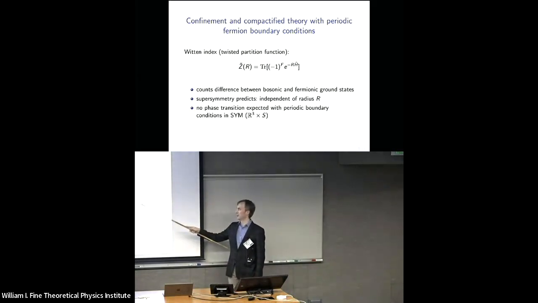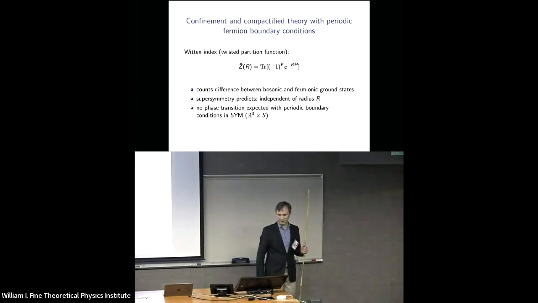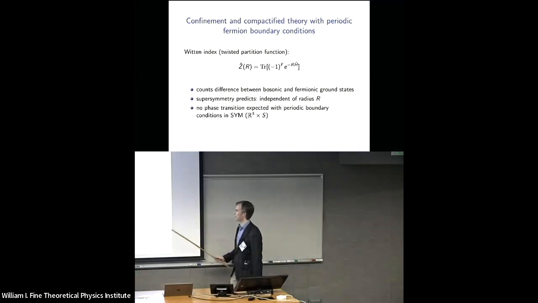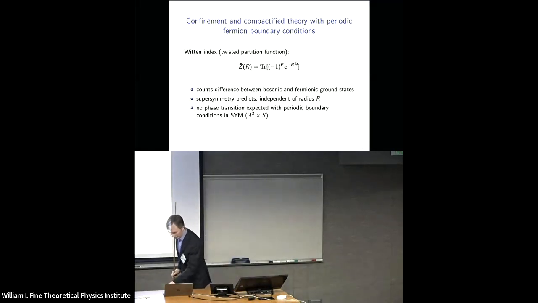Now, 1 over temperature has to be replaced here by this kind of radius, because it's rather a compactified theory than a finite temperature theory. And therefore, in this compactified theory, no phase transition is expected as long as you have these periodic fermion boundary conditions.